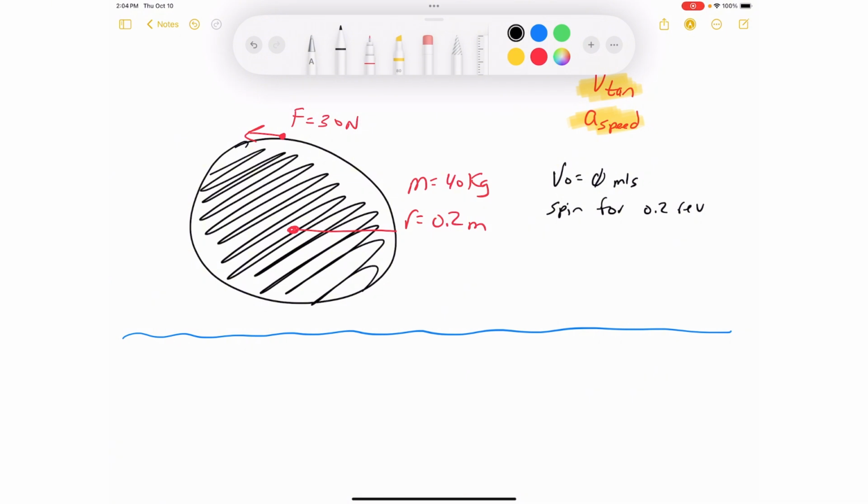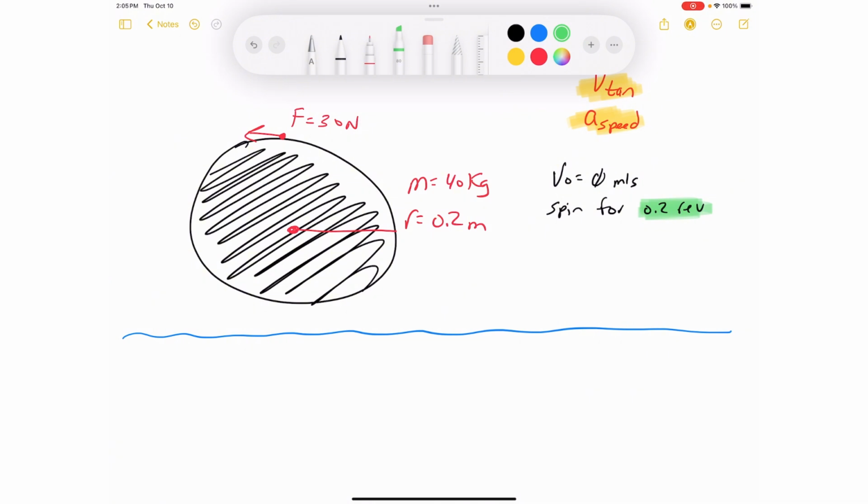But what I want to know is what it is after this thing has spun around for 0.2 revolutions, or 20% of a revolution, right? So it hasn't gone very far. So okay, let's do that.